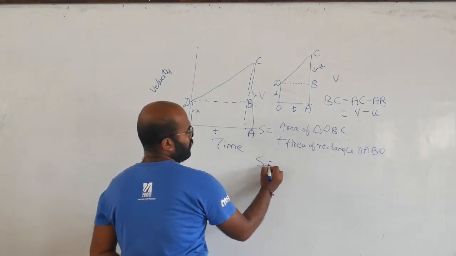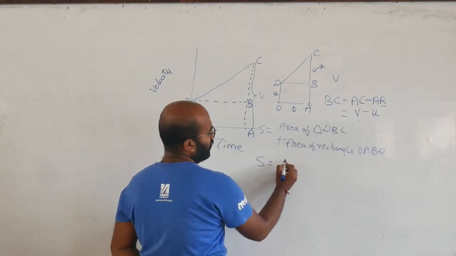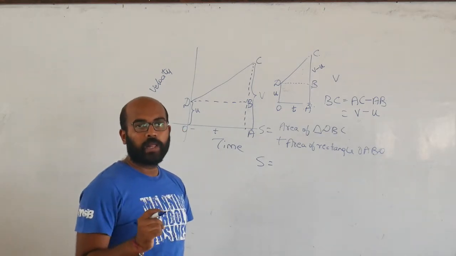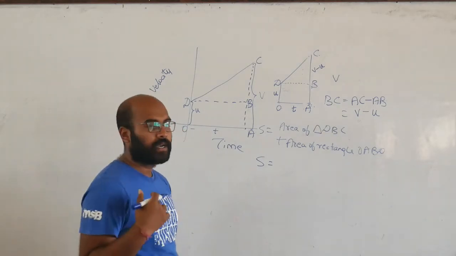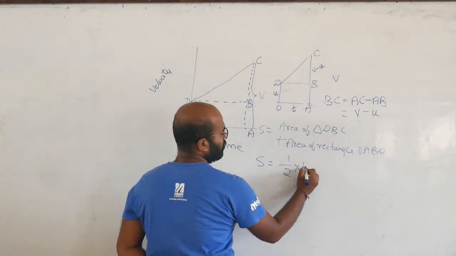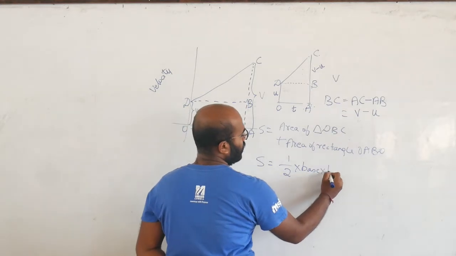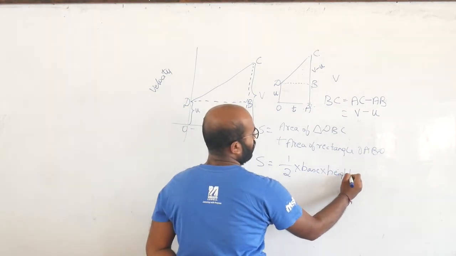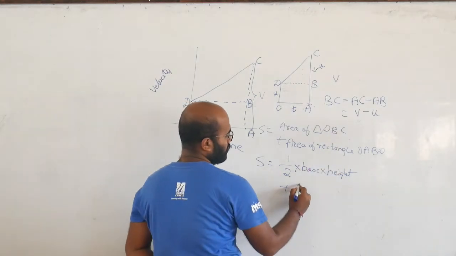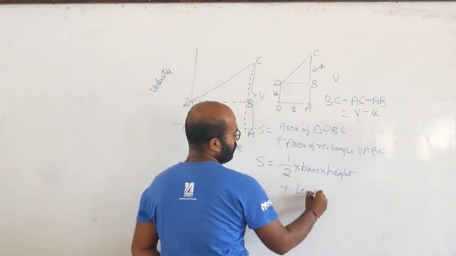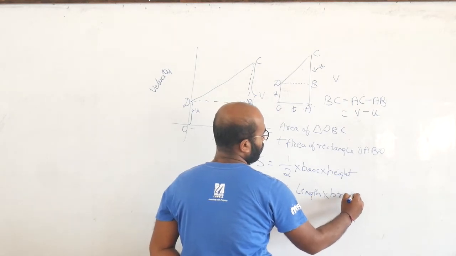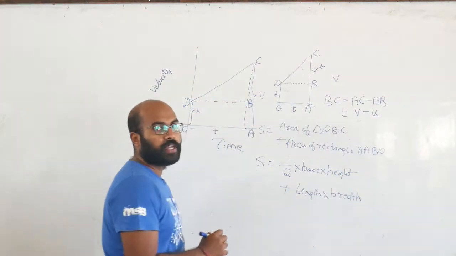So what is the area of a triangle? Area of triangle is half into base into height, plus area of rectangle, that is length into breadth.